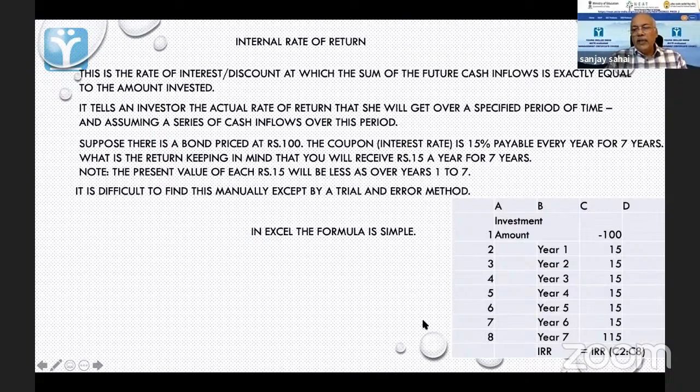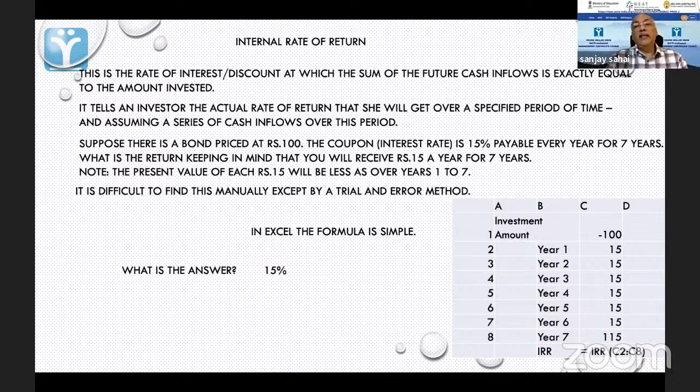So if I calculate this IRR, what do I get? I get exactly 15%. So basically what I'm trying to tell you is that any debt instrument where the principal is returned to you on maturity, the present value of all the interest that you received and the amount that you got back, the principal amount, is exactly equal to the rate of interest that you actually pay.